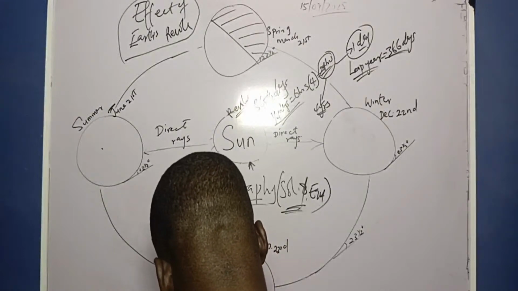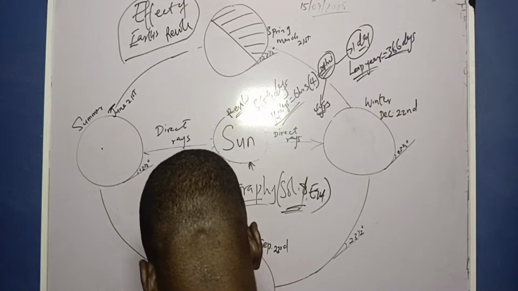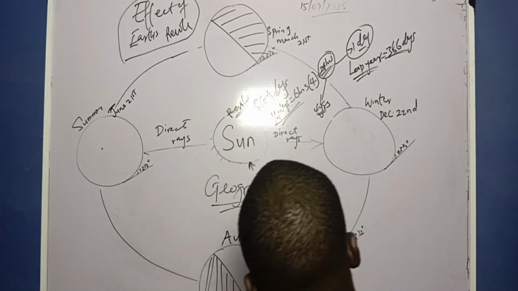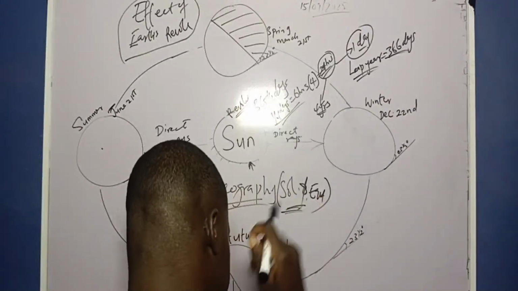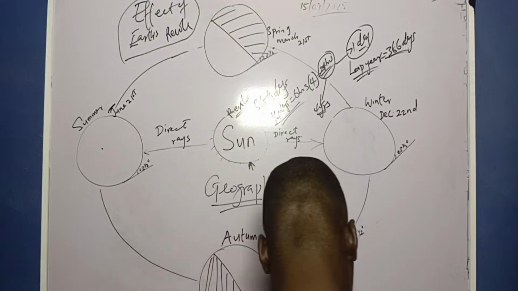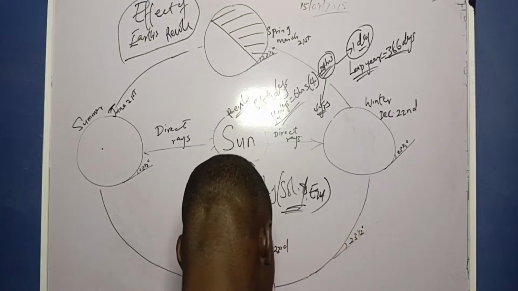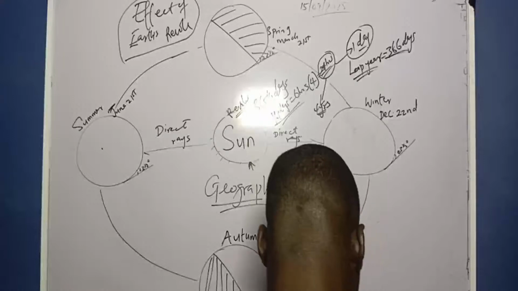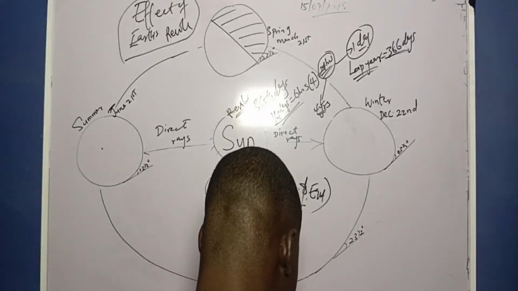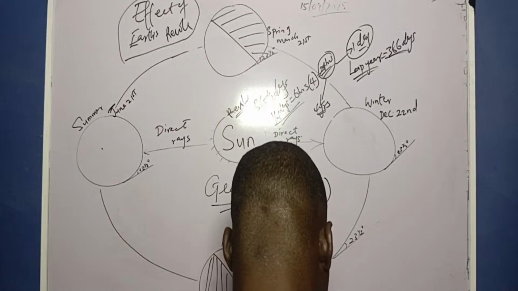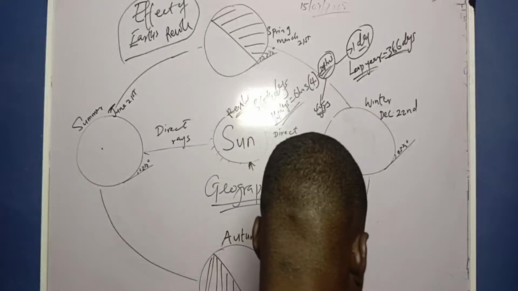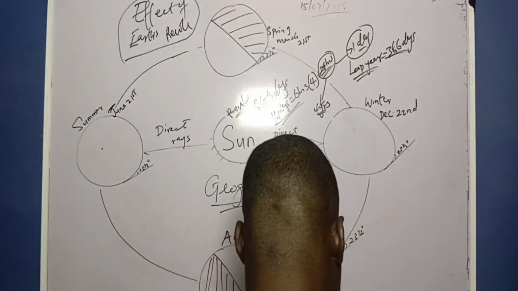So when this sun is overhead, that is when we have the solstice and equinox. If it is overhead at the equatorial region, that's where you normally have the equinox. If it's overhead at the Arctic or Antarctic Circle, that's where we have the solstice.